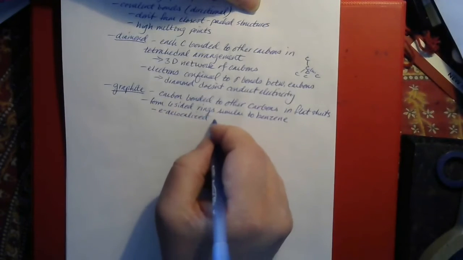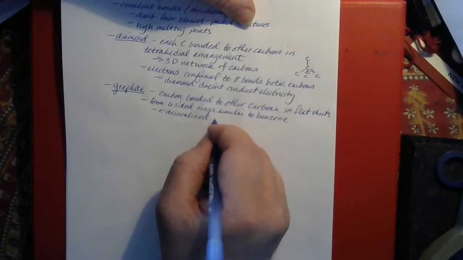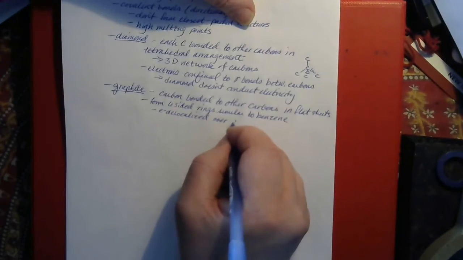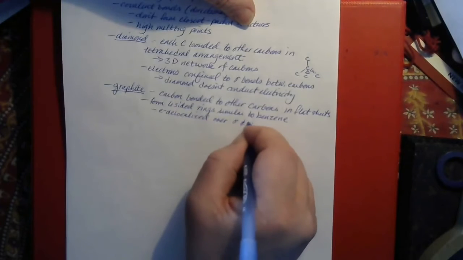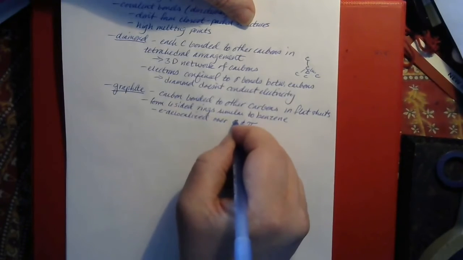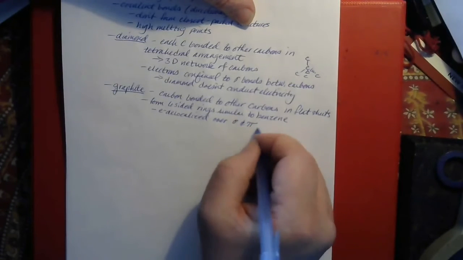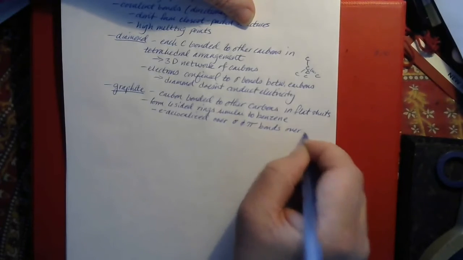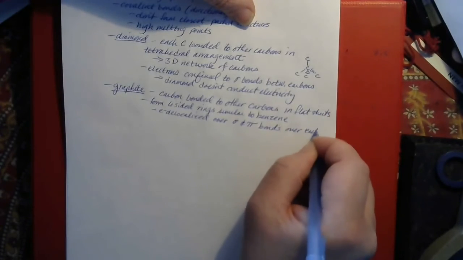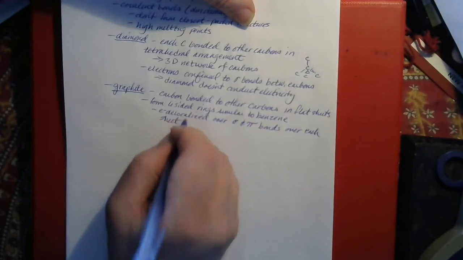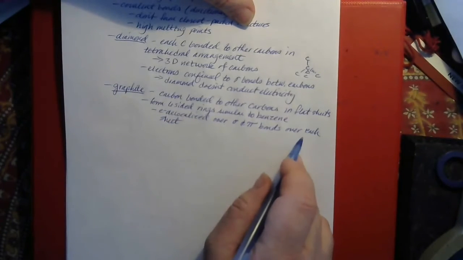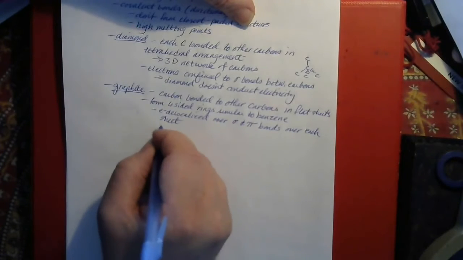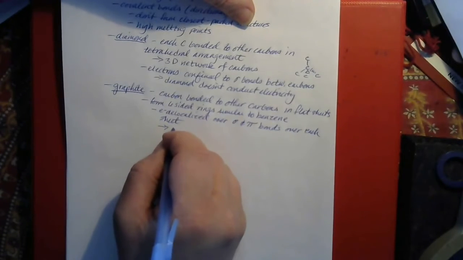And actually, the electrons are delocalized because the structure of graphite involves both sigma and pi bonds. So the electrons are delocalized over these sigma and pi bonds across the entire sheet. And because of that, graphite does conduct electricity.